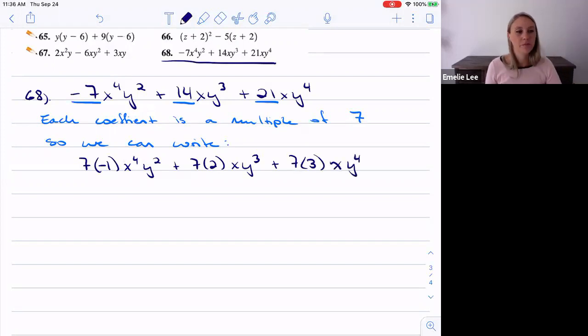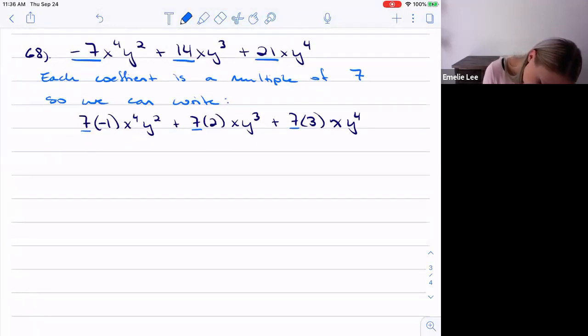Okay. So now I'm able to pull out this common factor.